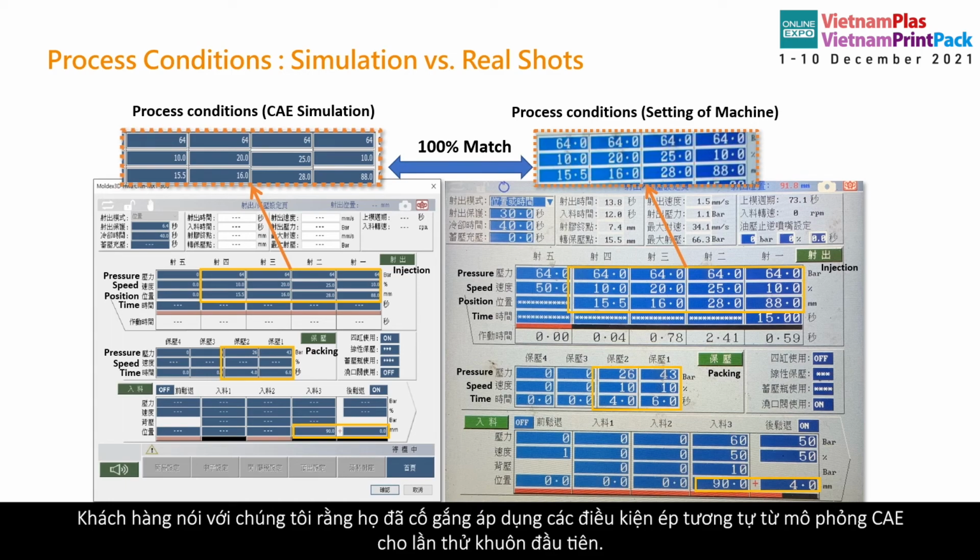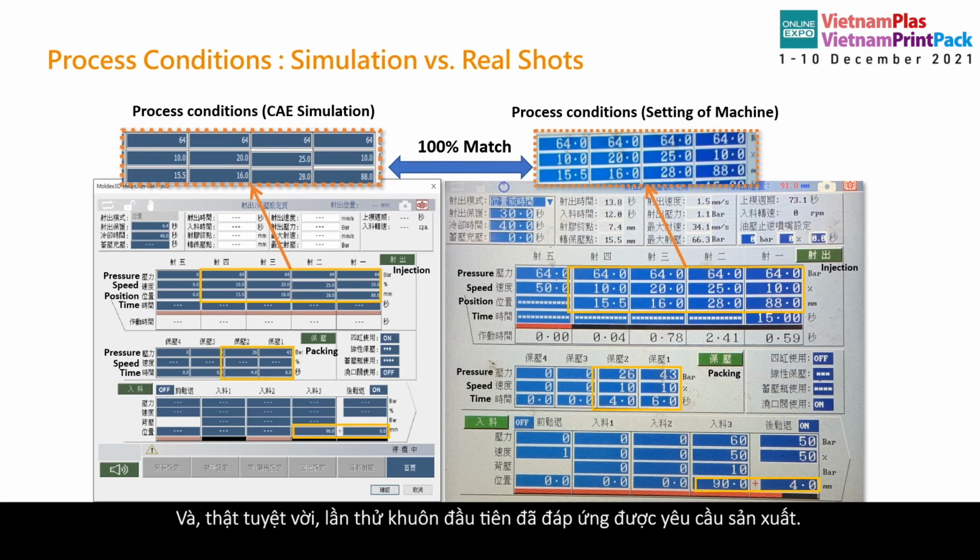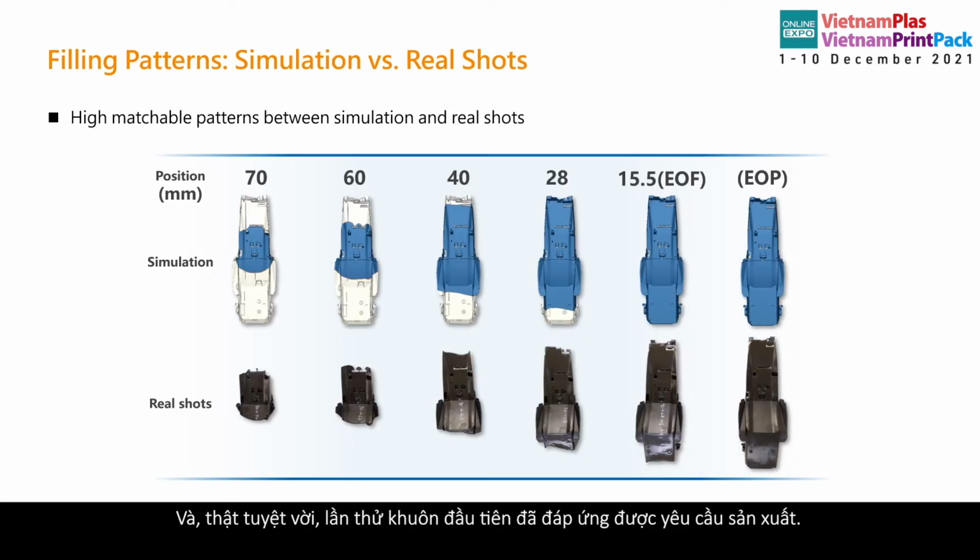And amazing, the first mold trial had met the requirement of the production. This slide shows the filling pattern comparison between simulation and real shot. Based on process conditions generated by digital twin approach, there are highly matchable patterns between simulation and real shot.